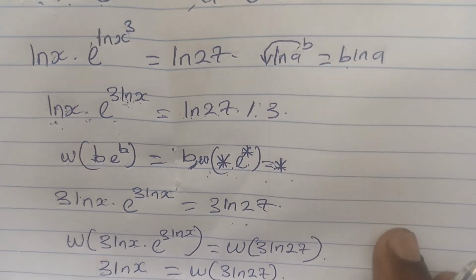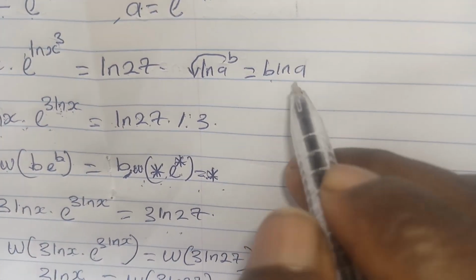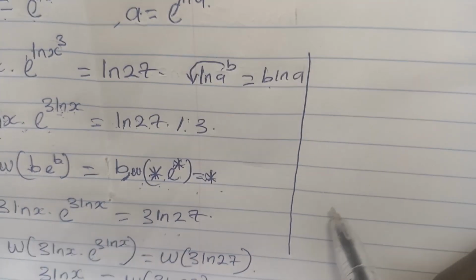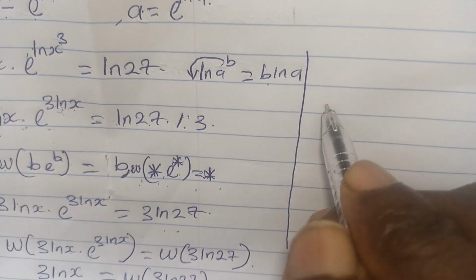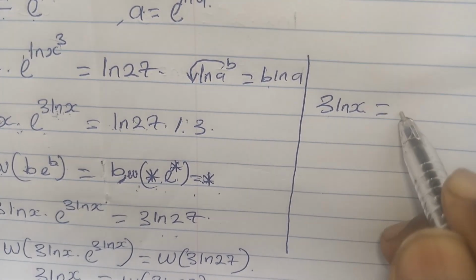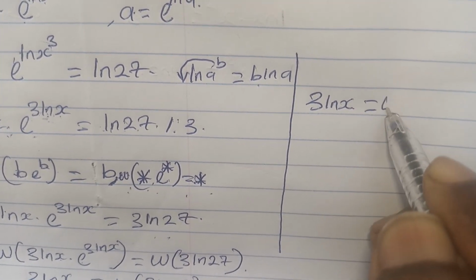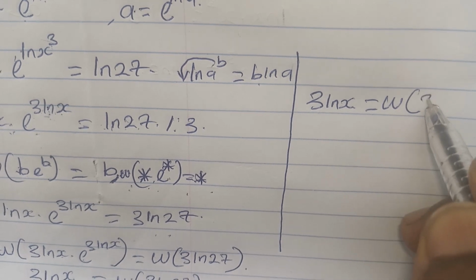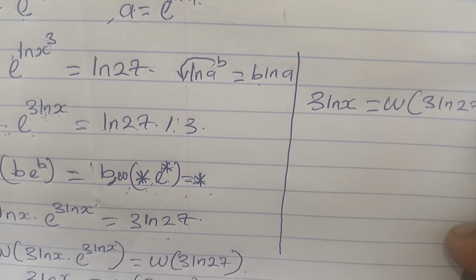So if we move further to solve here, we are now having 3 ln x equals the Lambert W function of 3 ln 27.